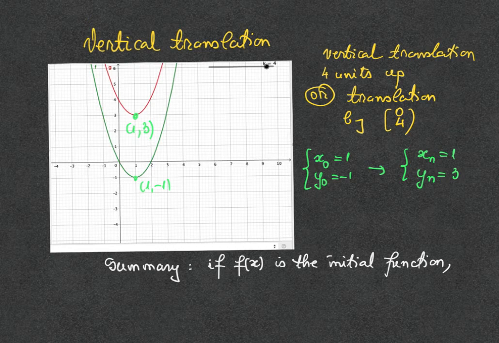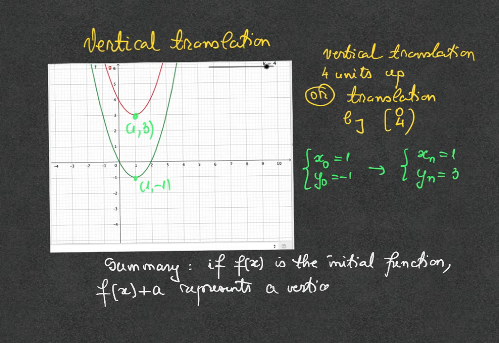So you should find that if f of x is the initial function, then f of x plus a represents a vertical translation by the vector 0, a, or a vertical translation a units. In fact, if I put a vector 0, a, I don't need to put the word vertical. It's not a mistake, but it's clear that it's vertical because it's the second component of the vector.